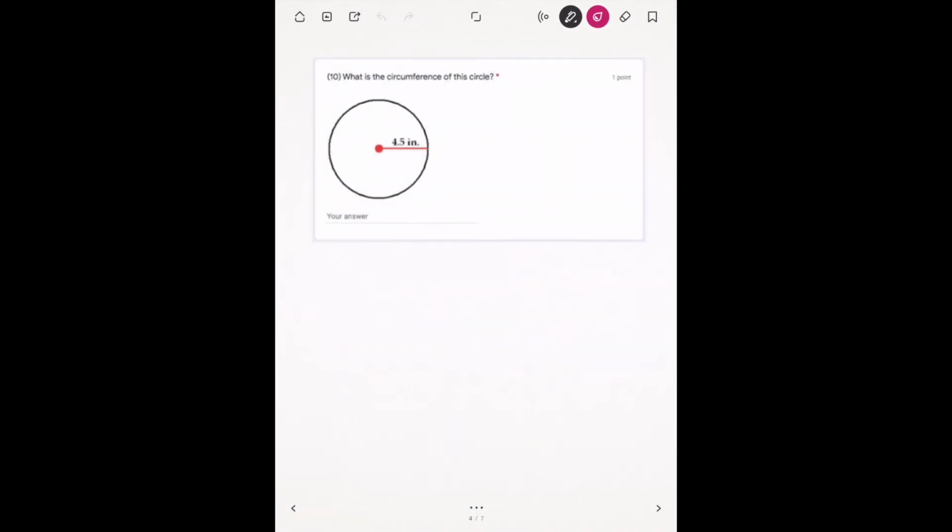Okay, next, number 10. What is the circumference of the circle? Okay, what do we know? Well, this time we don't know the diameter. This time we know the radius. And we're trying to find the circumference again. So we still use the same formula, circumference equals pi d. Except we don't know what d is. We don't know the diameter.